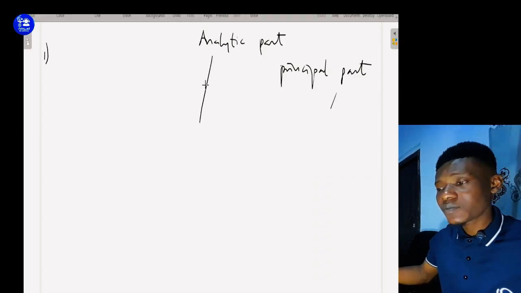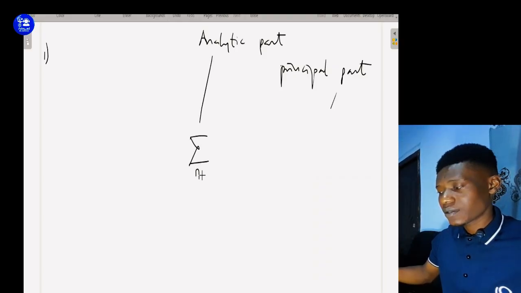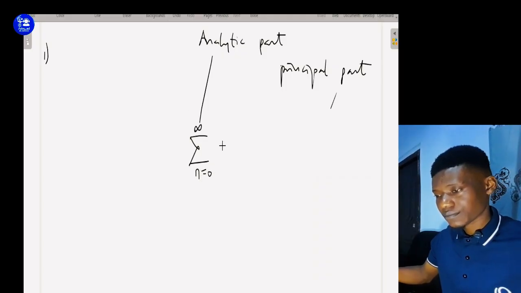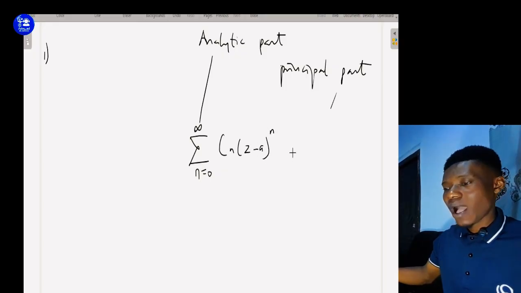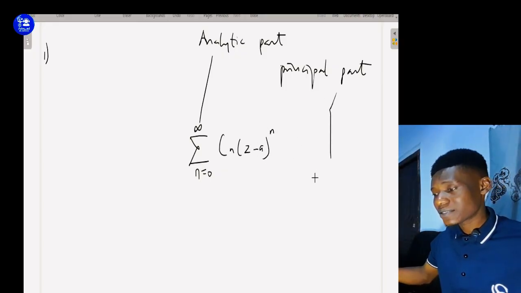The analytic part is usually in the form, while the principal part is usually in this form.